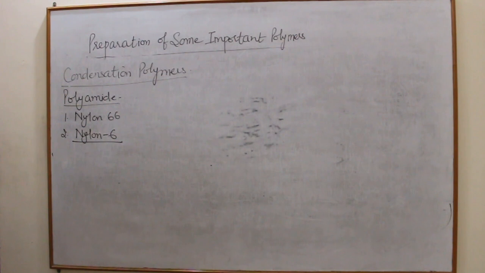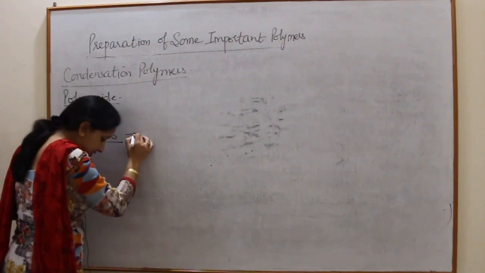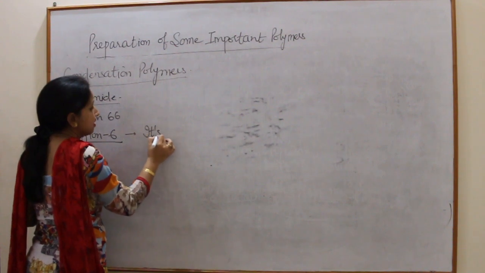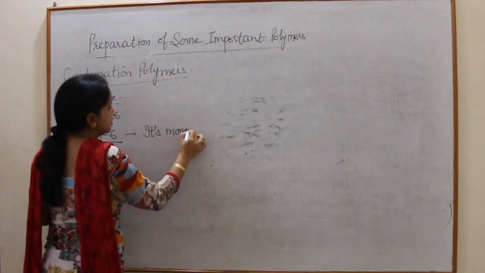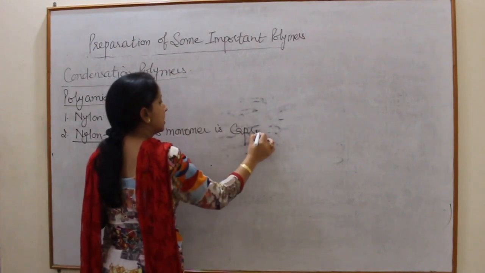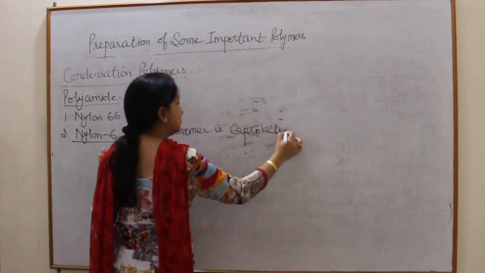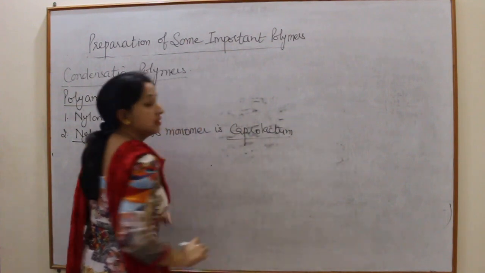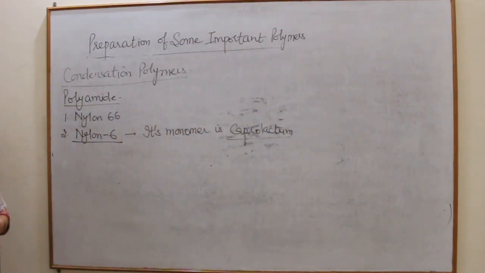Nylon 6, its monomer is caprolactam. So what is caprolactam? It is a 7-membered ring structure.